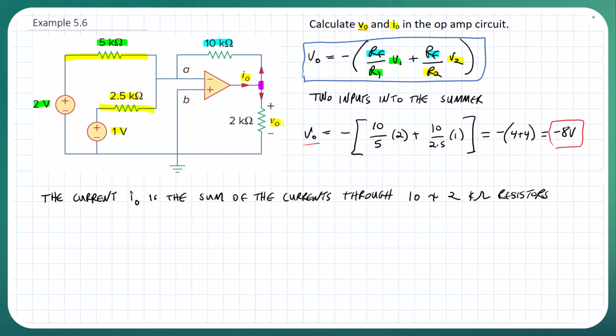Both of these resistors are going to have a voltage of V0 equals minus 8 volts across them.